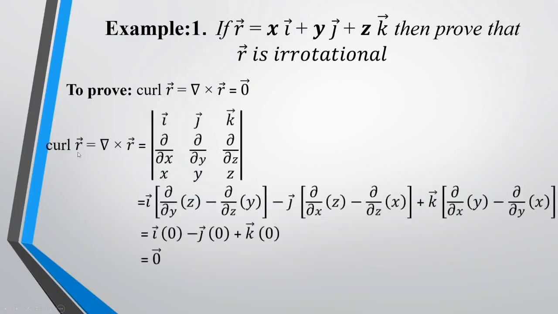So we'll be finding the curl of r vector, that is del cross r vector is determinant i vector, j vector, k vector, dou by dou x, dou by dou y, dou by dou z, and here we can see that r vector is x i vector plus y j vector plus z k vector. So the last row will be x, y and z.